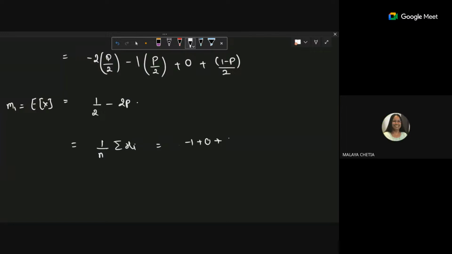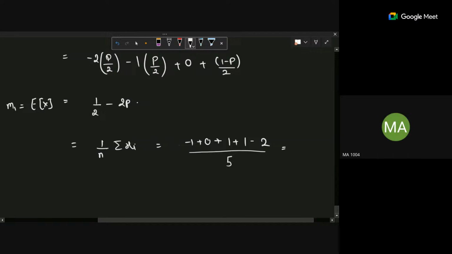Yes, when we take the sample mean, we have to consider all the values taken by the sample. So it's -2, right? Not 2. Yes, -2 upon 5. So this is nothing but -1 by 5.